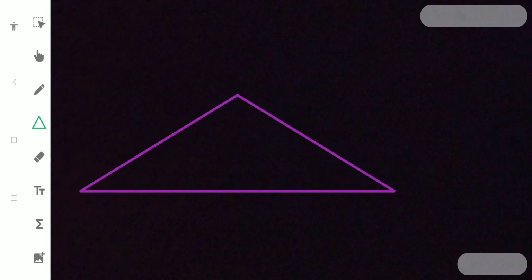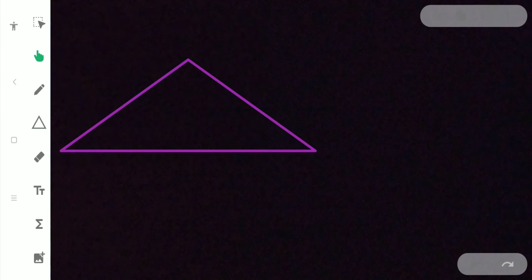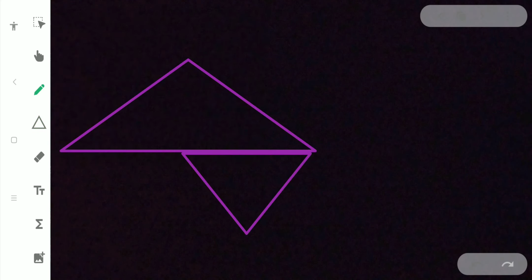So let us think, we are having a triangle like this, and we have another triangle over here, like this, and we have a line segment drawn in the middle, from here, the one which they asked to prove.